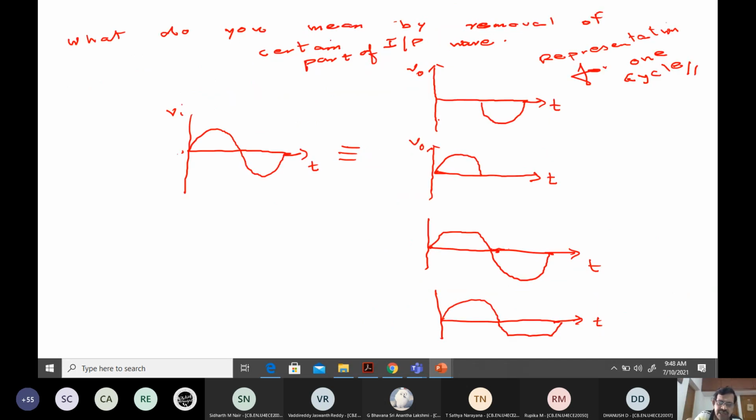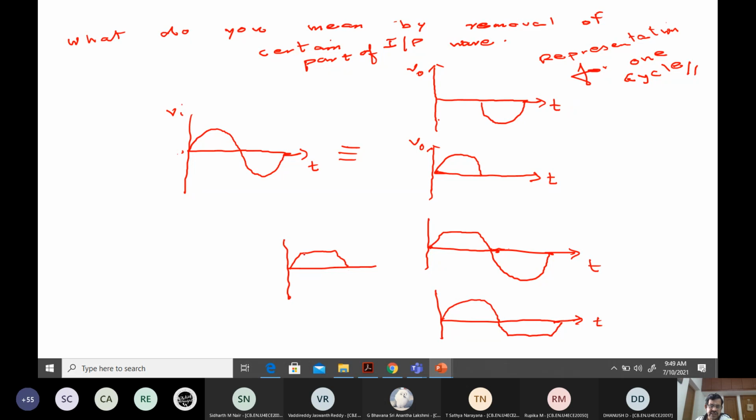Okay, so let me come back to this clipper circuit. To enable clipper, we have different types of clipping circuits, and I will take some examples in today's class and explain how these waveforms arise. You can also get something like this, which is not shown here.